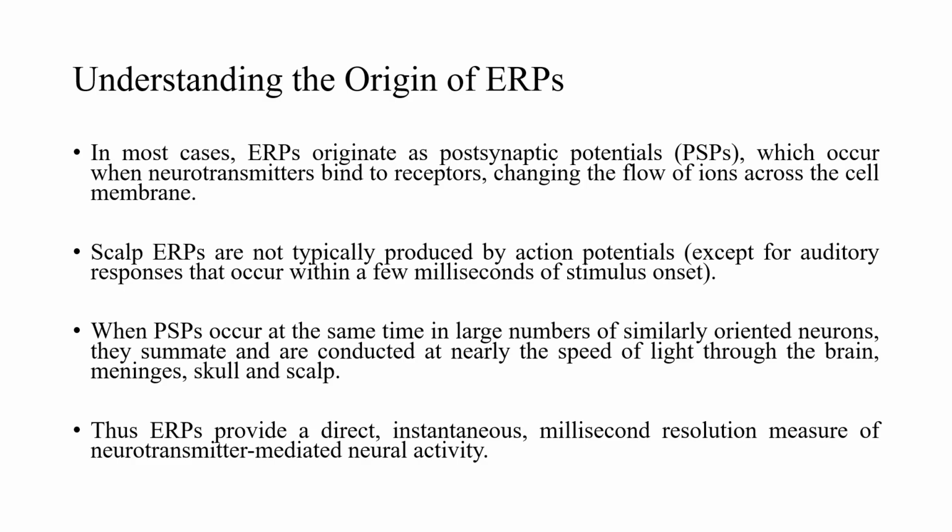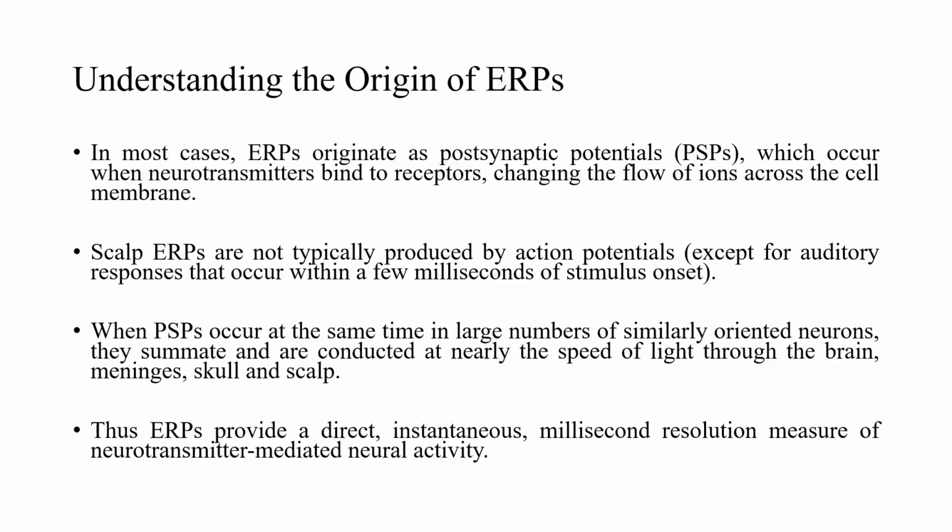So the idea is that these ERPs are postsynaptic potentials which occur when the neurotransmitters are binding to receptors and they change the flow of ions across the cell membrane. The ERPs recorded at the scalp are not typically produced by action potentials, except in the case of auditory responses that occur within a few milliseconds of the onset.